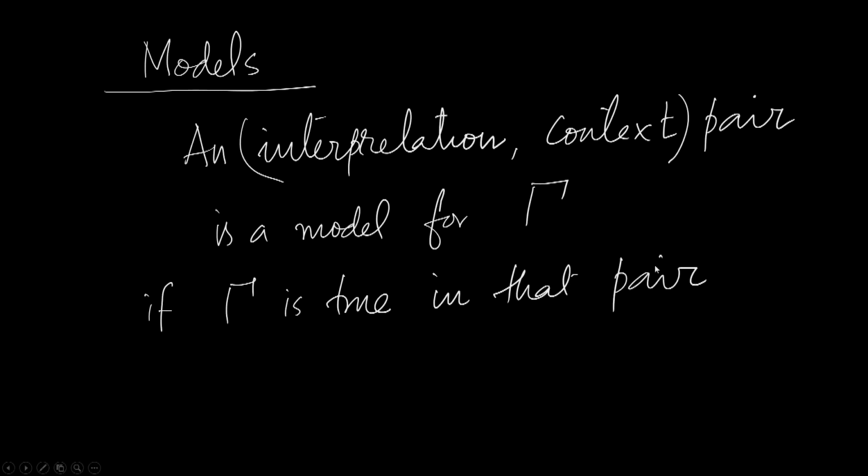In other words, every well-formed formula in gamma is true under that interpretation context pair. In that case, we say that this interpretation context pair is a model for gamma.